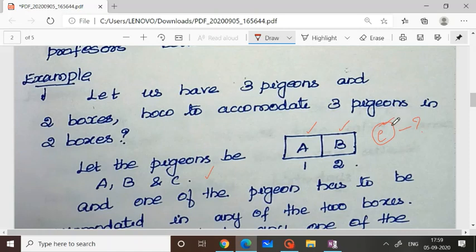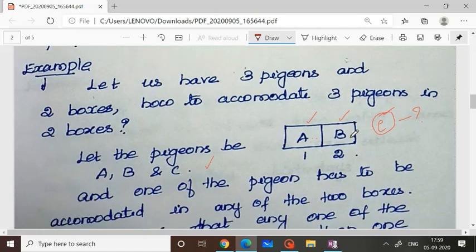So by using the pigeonhole principle, we can say that the third pigeon can be accommodated either with A or with B. So that is the concept here. No more calculations, so we can say this very easily.